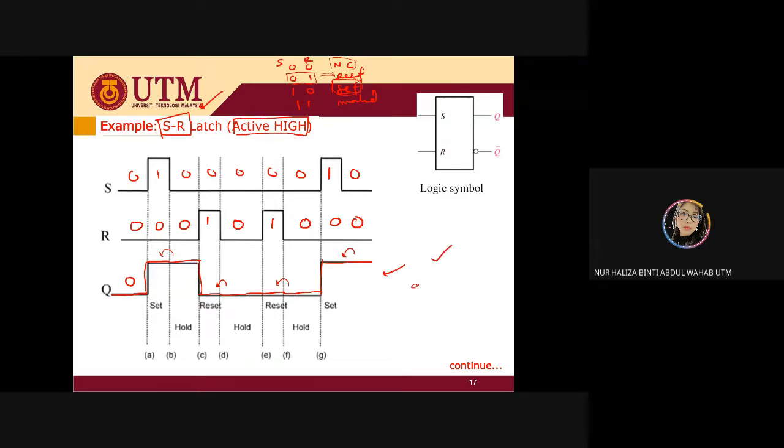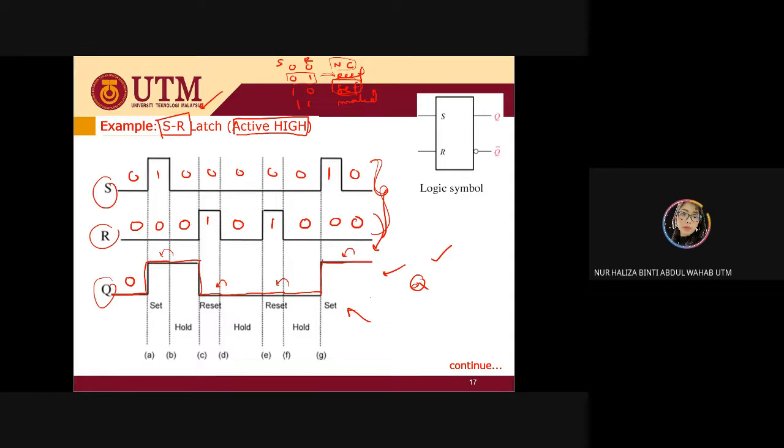So the question will ask you to draw the output for Q if you are given this timing diagram. For a latch, you're going to have only 2 inputs. Later on, when you have a flip-flop, you have another clock part. So please make sure you understand, from these 2 inputs, the easiest part at the beginning, how you are going to get the output of this timing diagram.